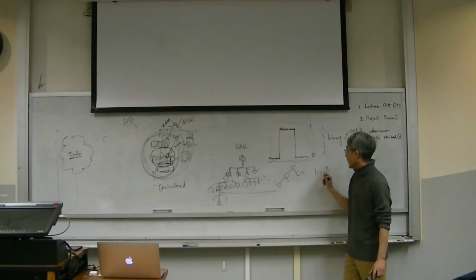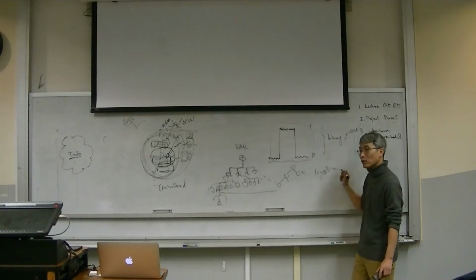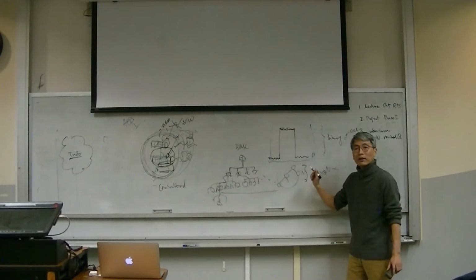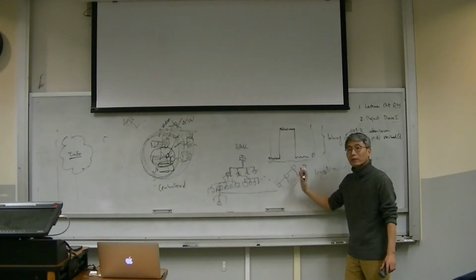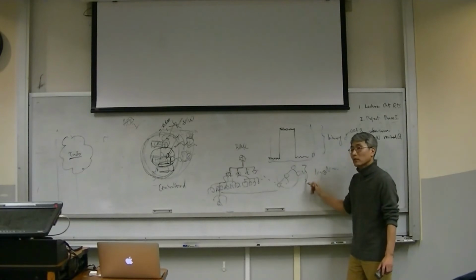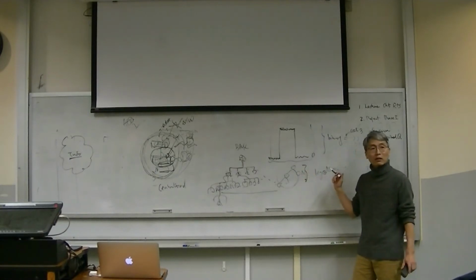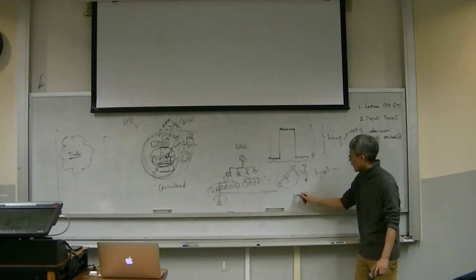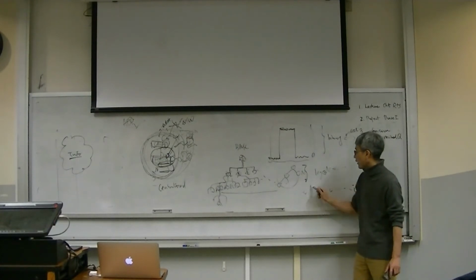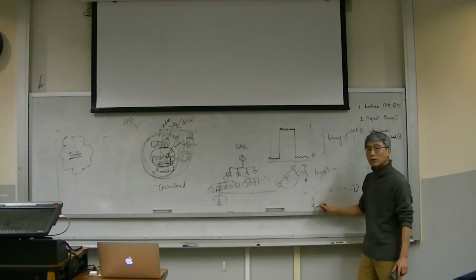So that means you can get the benefit of searching the tree with log n. Otherwise, if you have linear search, on average it will be n over 2.